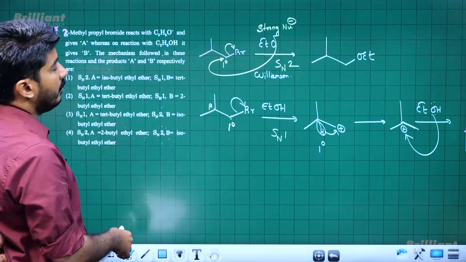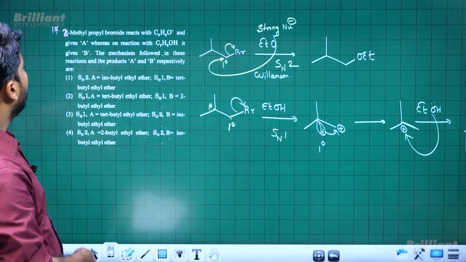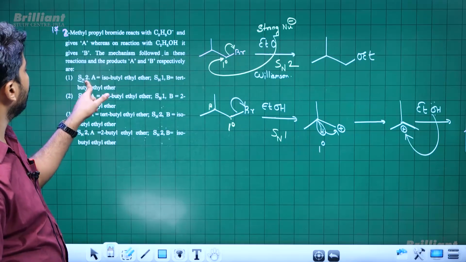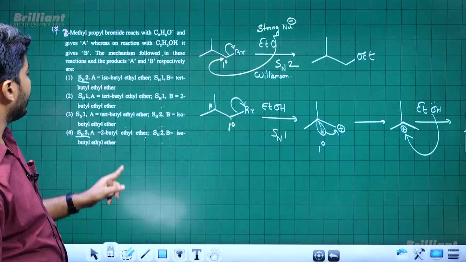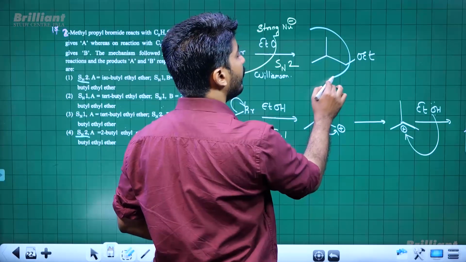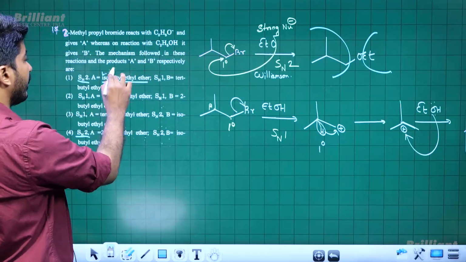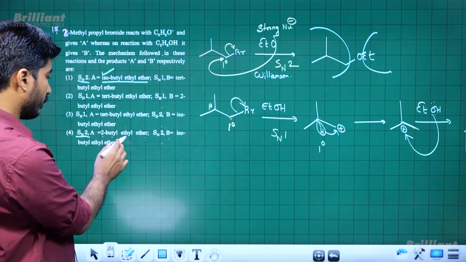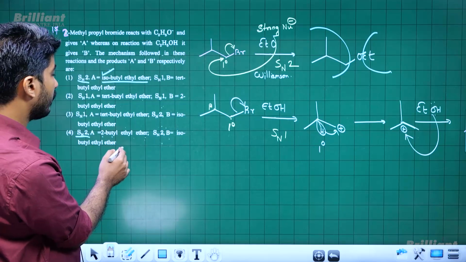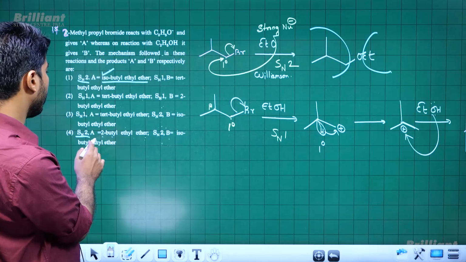Now let's identify the options. The mechanism followed in the first reaction is SN2. And the first compound is isobutyl ethyl ether, right? Isobutyl ethyl ether, that is true. This is 2-butyl ethyl ether. No, it could be secondary butyl.